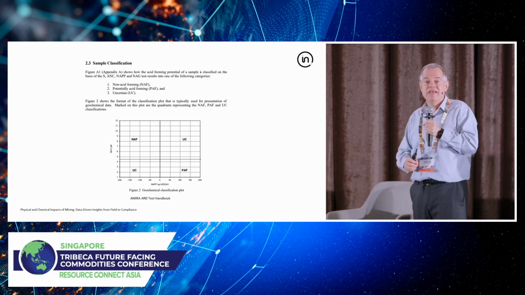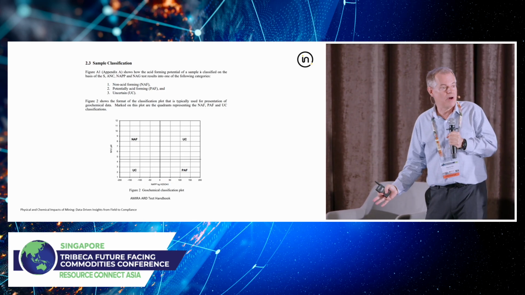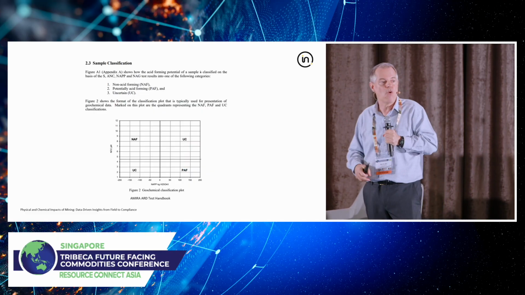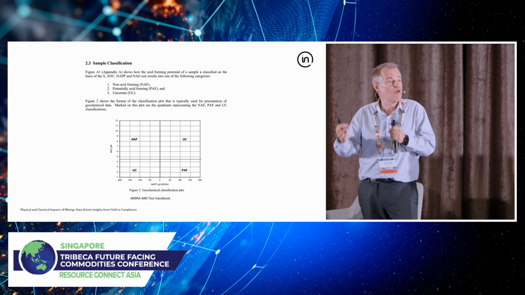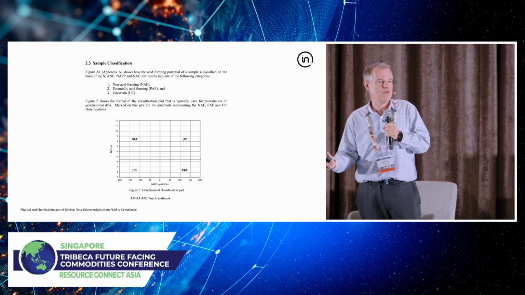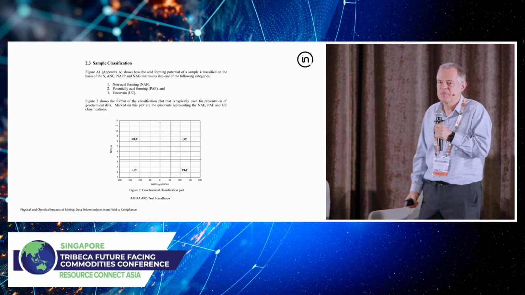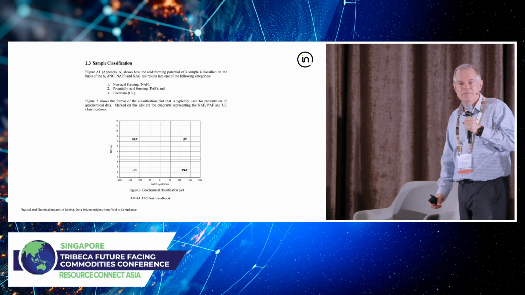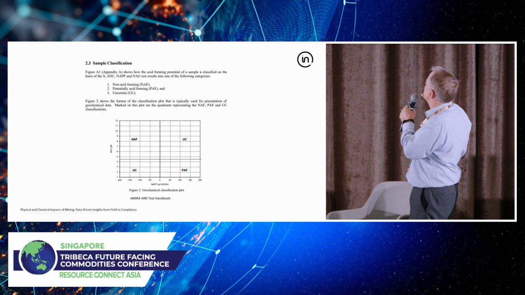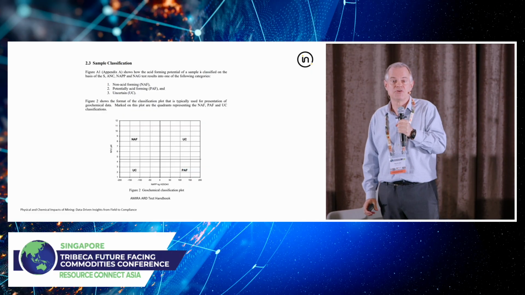But if the data falls in the bottom right quadrant, their rock sample gets labeled as PAF, or potential acid forming. And that makes the mine very unhappy, of course. That's a problem rock. But on occasion, the data will fall into the other quadrants, UC, or uncertain.